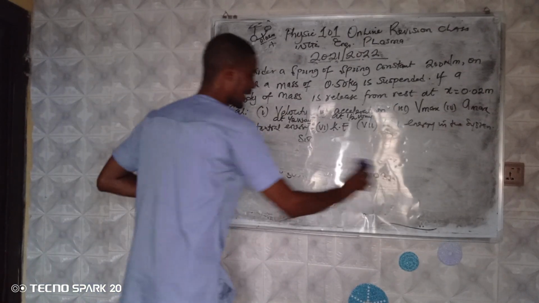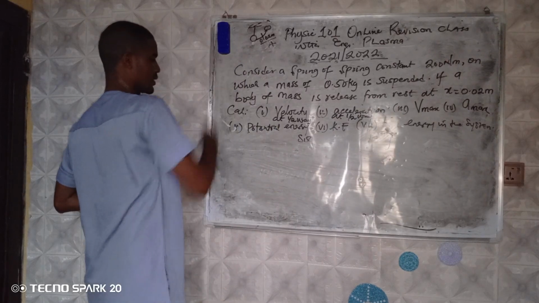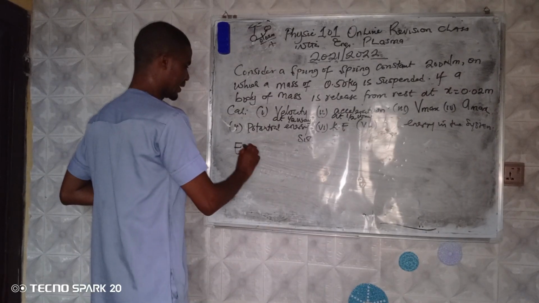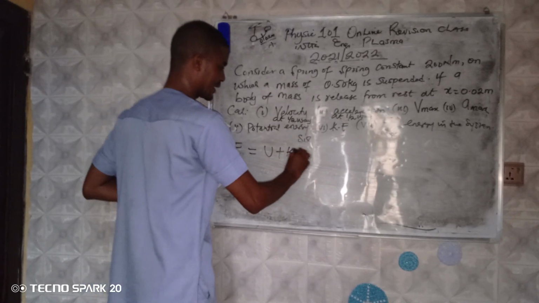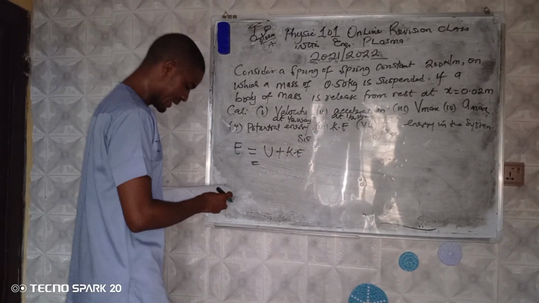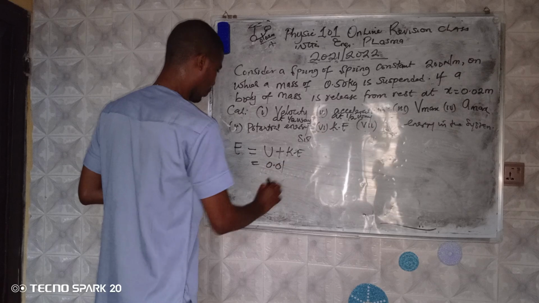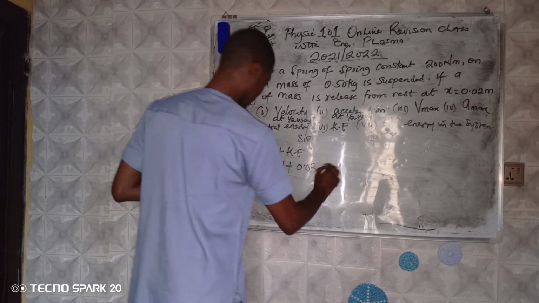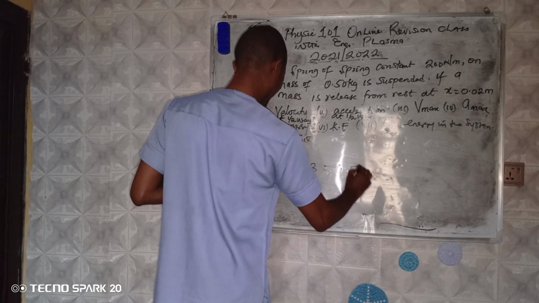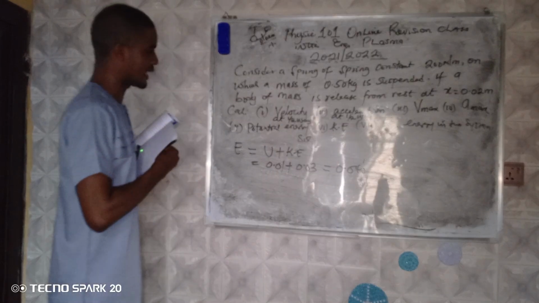Now, the total energy of the system, which we call E. Remember, total energy is potential energy plus kinetic energy. So the potential energy we got was 0.01 plus 0.03. And that will give us 0.04 joule. That is the total energy.